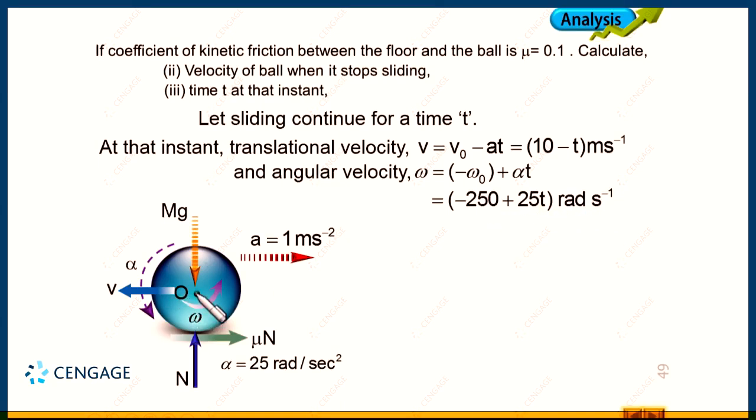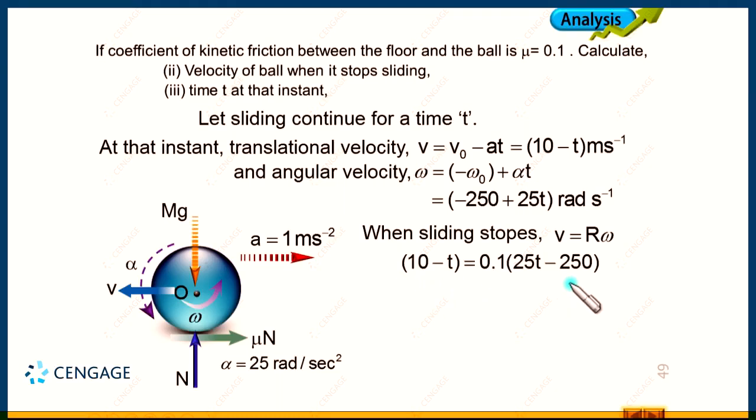And when sliding will stop, the velocity of the center of mass should be equal to r omega, right? This is the condition for no sliding of the point of contact. So, we can write when sliding stops v equal to r omega. We know the value of v at any time, we know the value of omega, r is given, that is 10 centimeter, we can substitute the respective values.